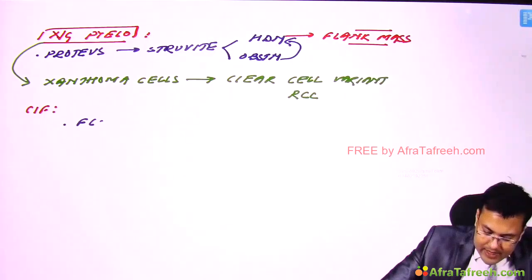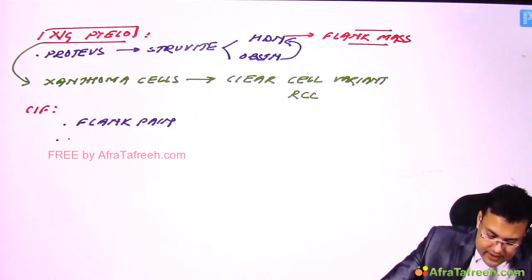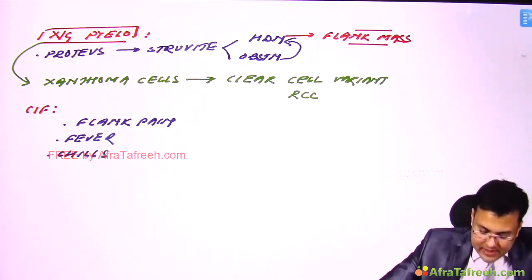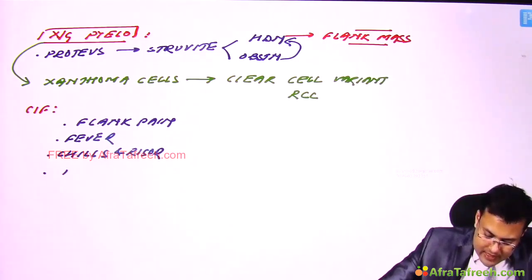There is flank pain, there is fever with chills and rigor, and what else? Since there is hydronephrosis, chronically obstructed kidney, so you are going to find what? Flank mass also. So there is flank mass also.